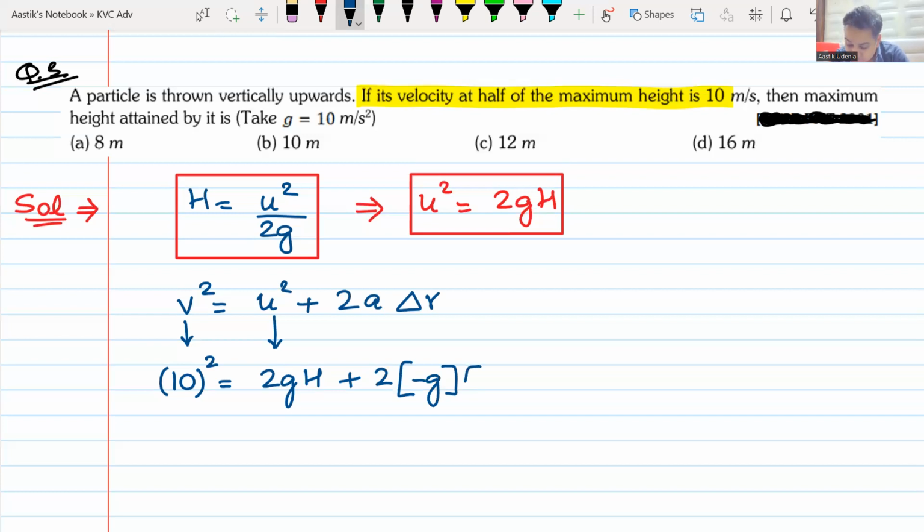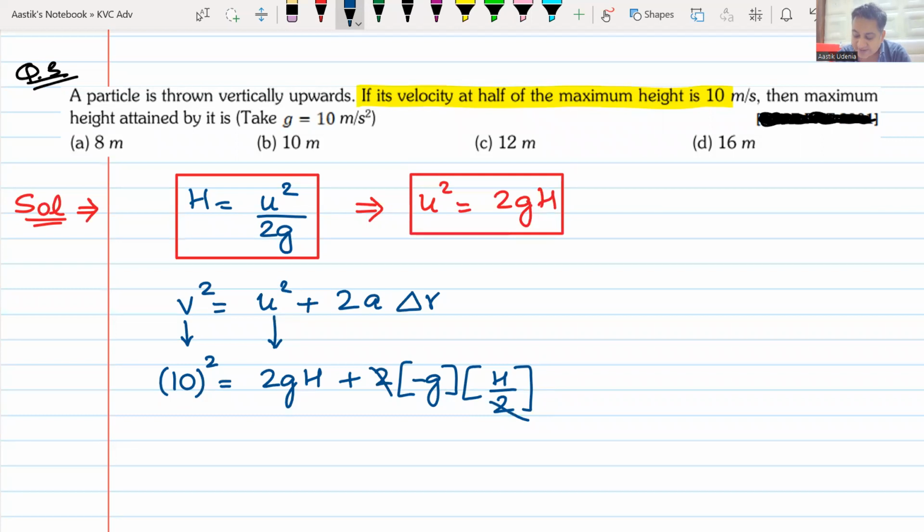Into the displacement, which is h by 2. Are you getting the way that I have done this? Yes or no? Do we understand what I have done here?